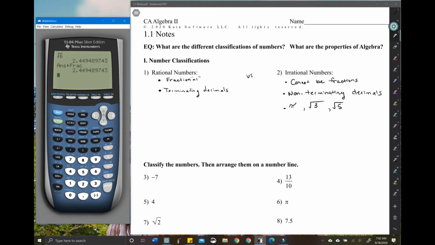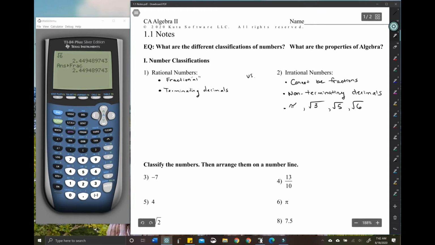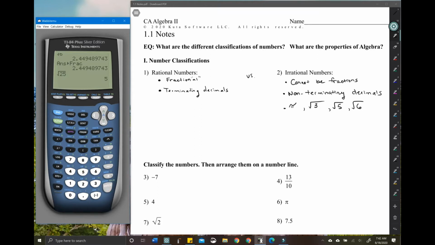So that means square root of 6 is also an example of an irrational number. On the other hand, if we type in the square root of 25, boom, we get a 5.